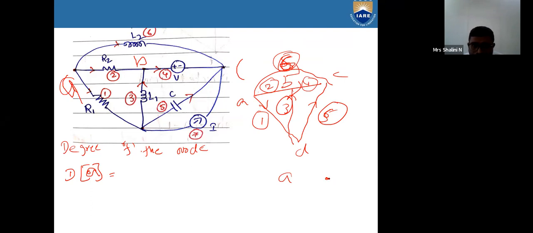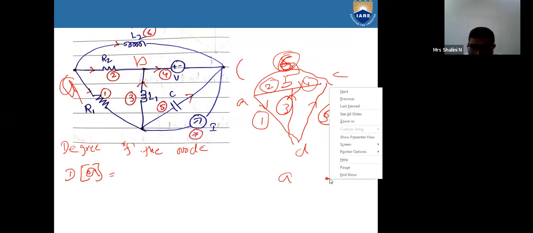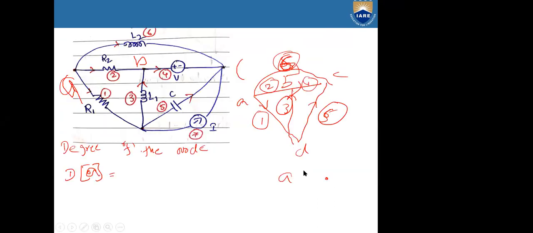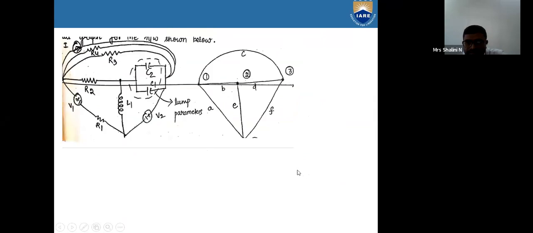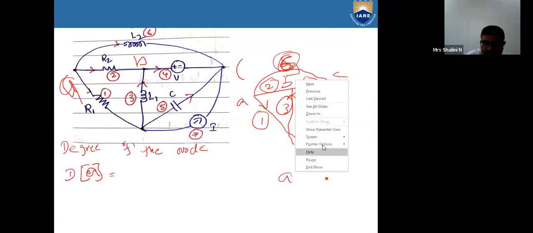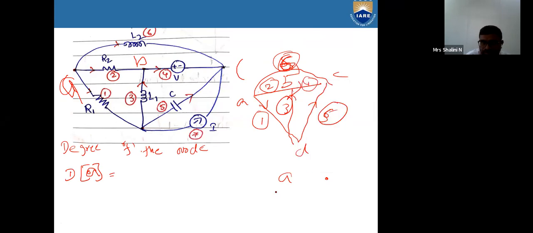From node A, the first, second and sixth elements are all going away from the node.